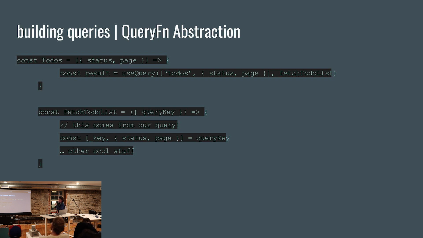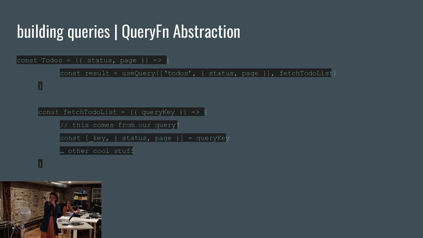So on the previous slide, we were talking about how we had that useQuery, and then at the end, for the query function, instead of doing the work right there, we were abstracting it to a separate function, and this just kind of goes over it. Why it's important that we pass in the things we're changing in the function is because we get provided a query key down there in the fetch to-do list.